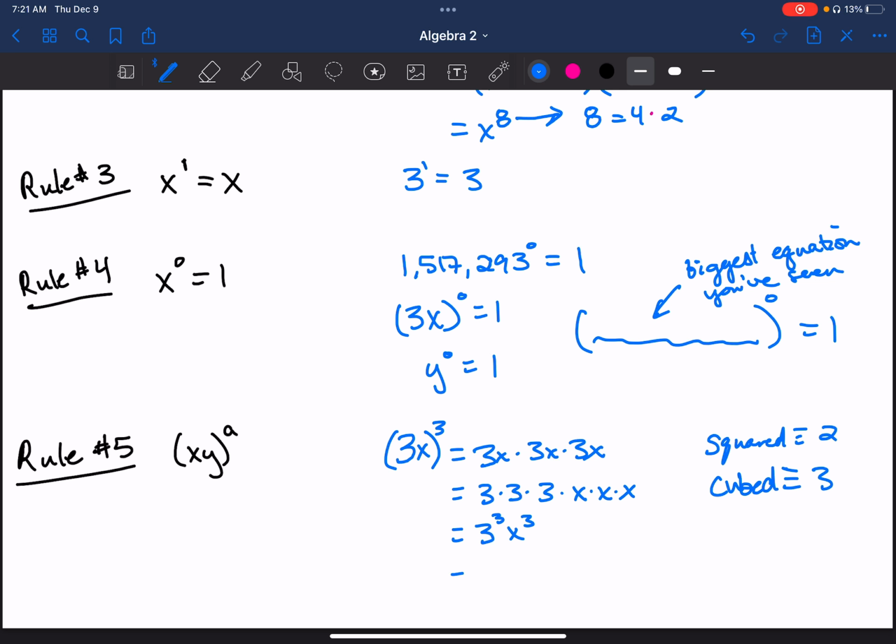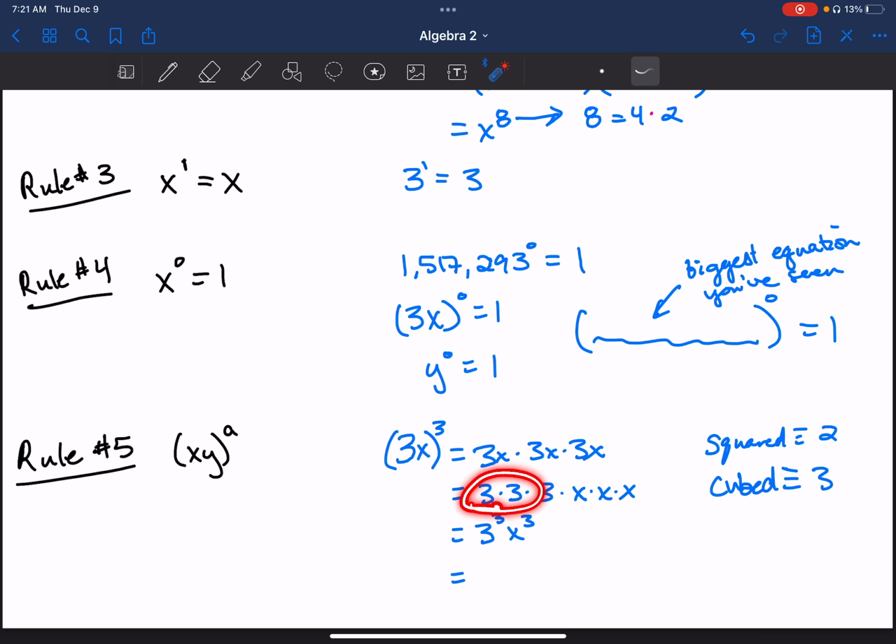Now, this is not incorrect, but it's not right either. This is not finished. You're not done simplifying it because we know what 3 cubed is, or at least we can figure it out because that's 3 times 3 times 3. What is 3 times 3?